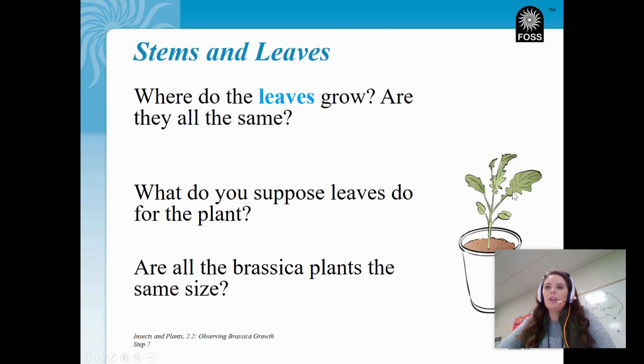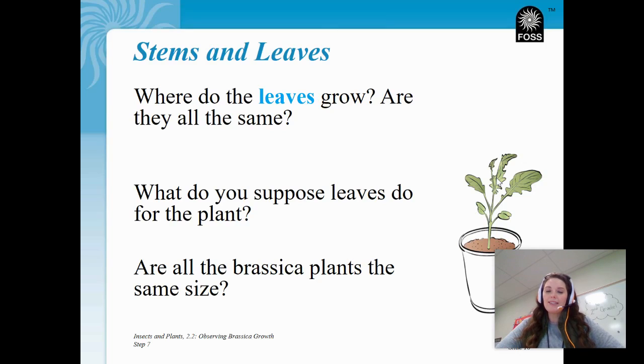The leaves that are growing larger and higher up, those leaves have a different shape than the leaves I see currently on my plant. So we are going to take a careful look at the different types of leaves that are growing on our brassica plant. We might not see them yet, but we want to be prepared for when we do see different leaves growing.